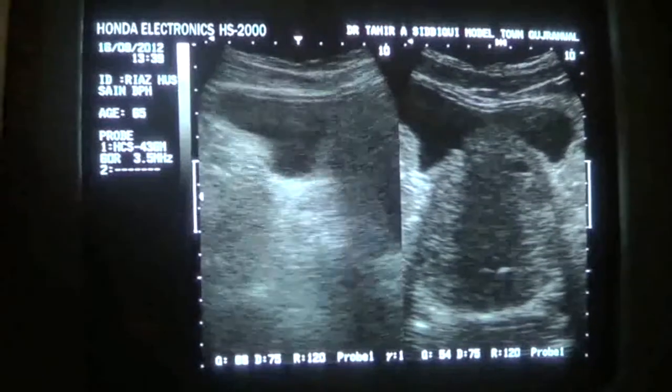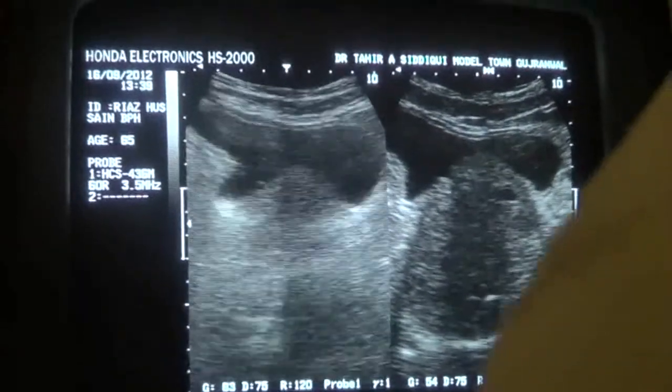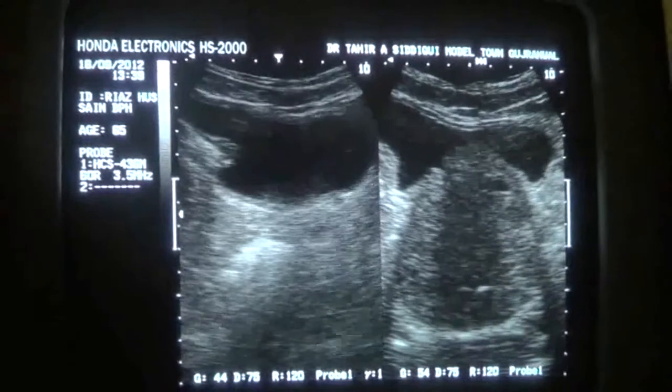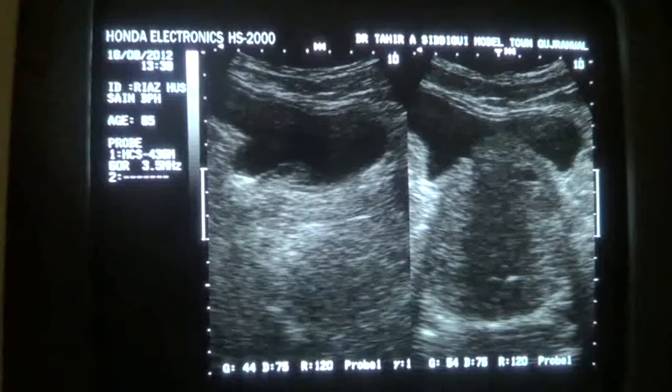Now, the post-micturition residual volume is within normal, is not raised, as this is a post-micturition bladder.